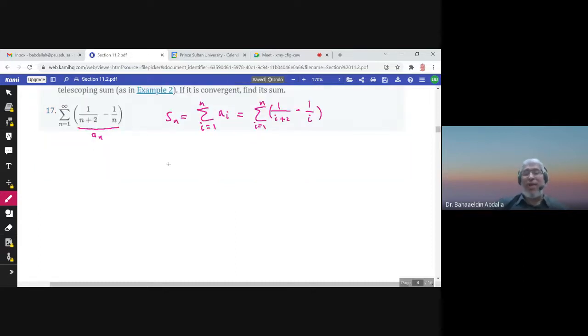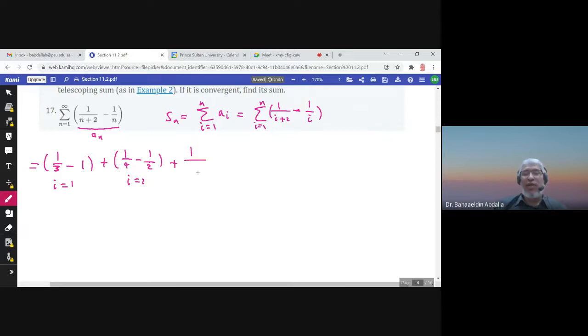Let us expand Sn. Replace i by 1: 1 over 3 minus 1. Here we replaced i by 1. Replace i by 2: 1 over 4 minus 1 over 2. Here we replaced i by 2.